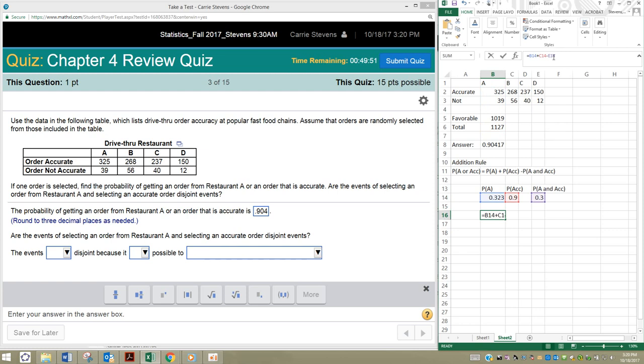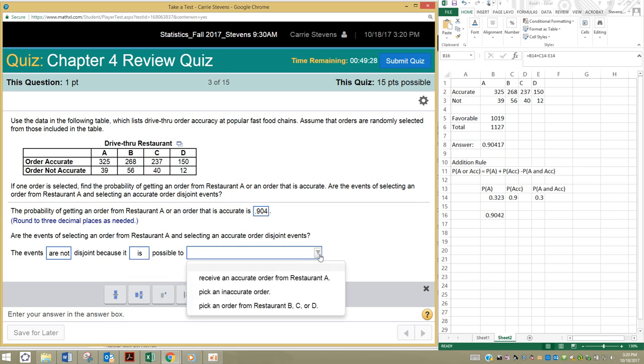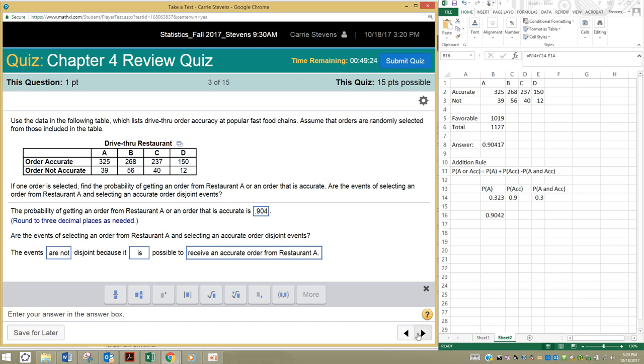Right, and so when I don't have the overlap subtracted off, I get this as an answer which is greater than 1. And when I subtract off the overlapping probability, I get the same answer as I got up here. All right, so now let's go. Events are not disjoint because it is possible to pick an accurate order from restaurant A.